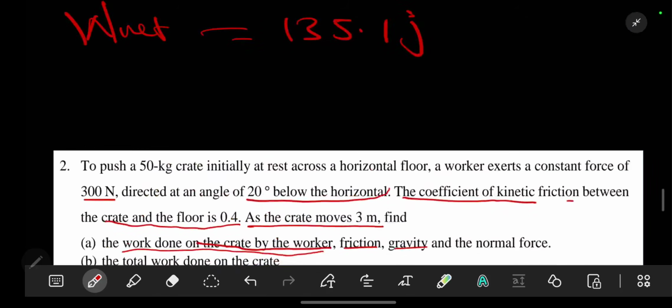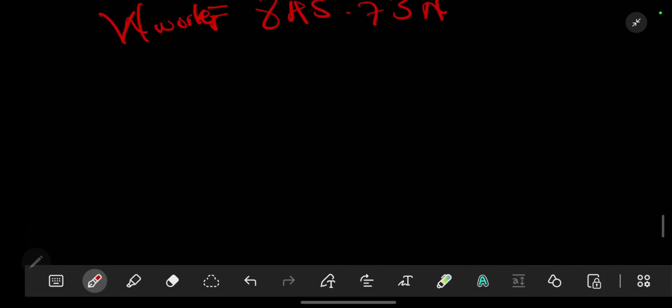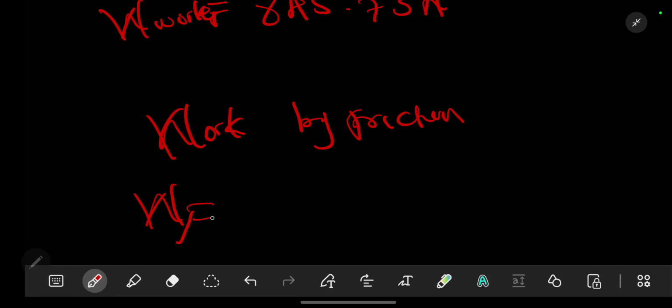Then when we look at this other one, which is not the coefficient but the work done by friction. Remember, work by friction should be equal to the product of the frictional force times the distance times the cosine of the angle theta, which changes.